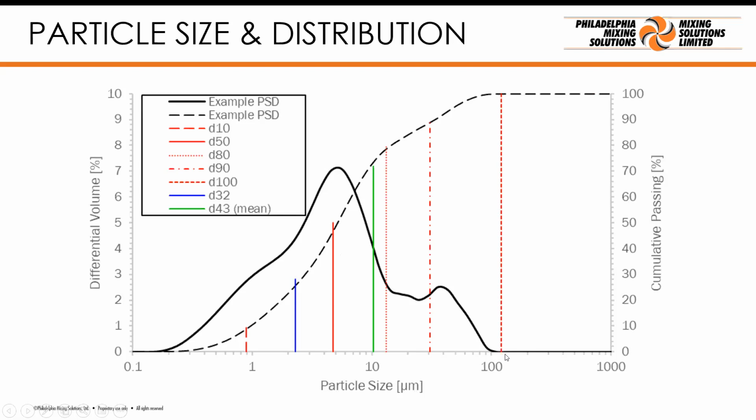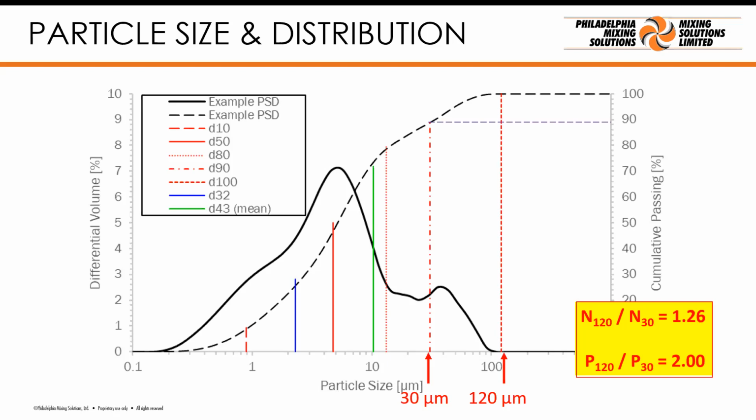Our maximum particle size is around 120 microns. It's slightly bimodal. The median particle size is about, let's say, 5 or 6 microns. So when we get inquiries from customers, they will tell us that they want to suspend the D80.